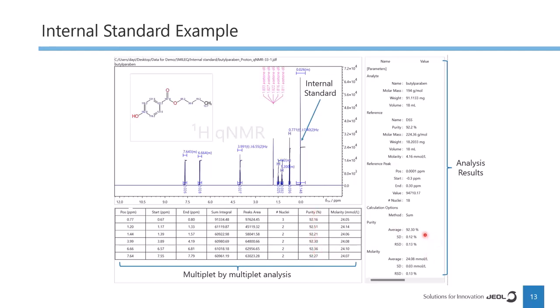We have standard deviation, and we have an RSD quoted as well. And so this is the sort of report that you would get out of doing the SMILEQ analysis. And as I said, we can generate all of this automatically, or you can go through all the steps required to do this manually.